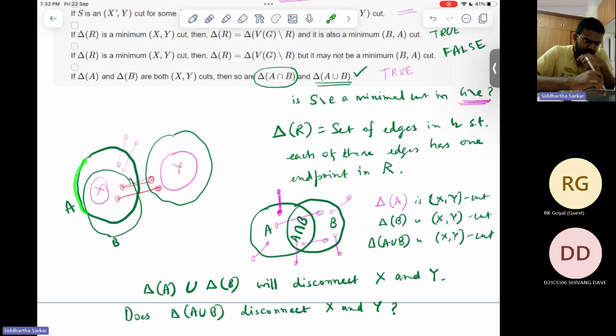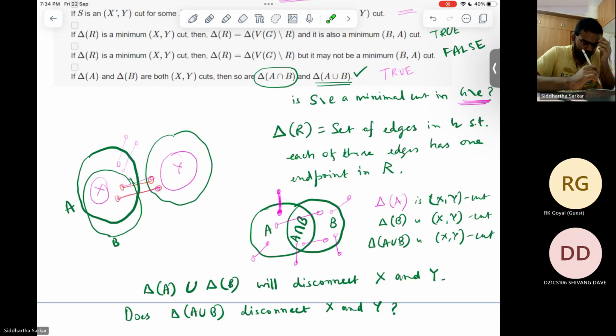Since delta A is a cut, if there are cut edges emanating from the region A minus B and going into this region, since delta B is also a cut, and if those edges are there and those edges are not part of delta B, then the fact that delta B is a cut itself is getting violated.